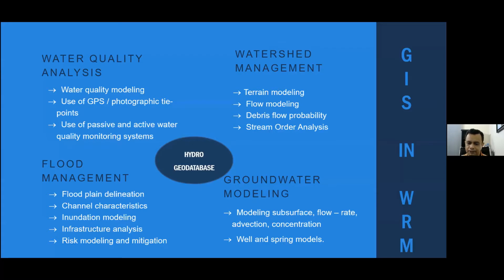And then we can also perform oil and spring models in GIS platform. So these are some example areas where GIS can perform well for managing water resources on the Earth's surface.